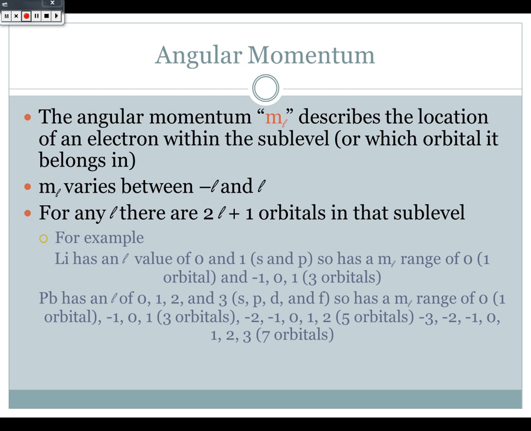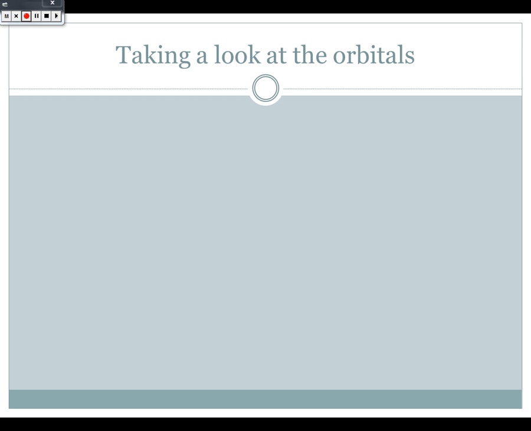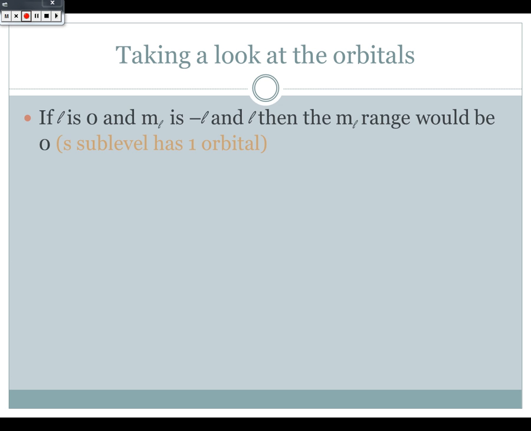For L equals 3, which is the F, it's negative 3, negative 2, negative 1, 0, 1, 2, or 3, which is 7 orbitals. This should make sense, as there is only 1 orbital for the S sublevel, 3 orbitals for P, 5 for D, and 7 for F. We'll get into that in a second, looking at the orbitals, because that is really complicated.